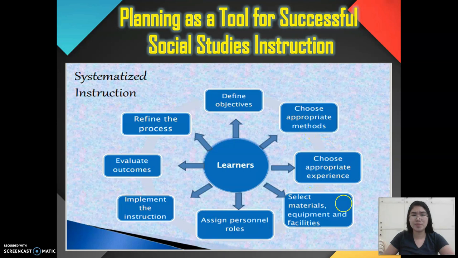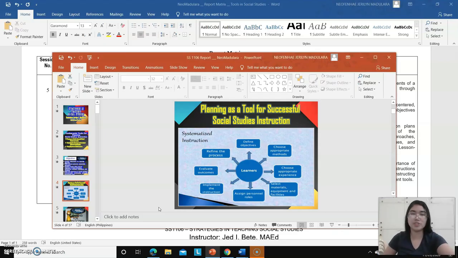Next, we choose appropriate experiences and select the materials, equipment, and facilities. We also implement instruction, and eventually we evaluate outcomes to see if the objectives are attained at the end of the session. And also, we refine the process to see if there needs improvement or evaluation.